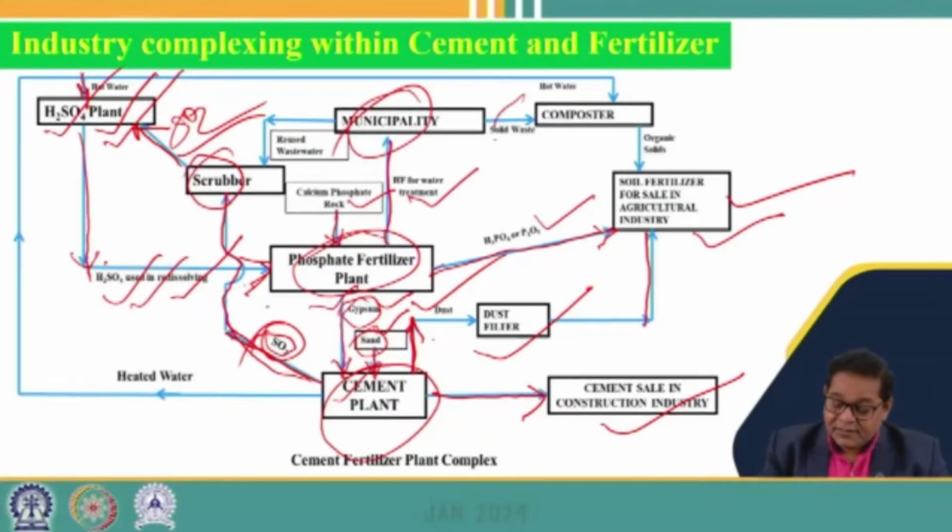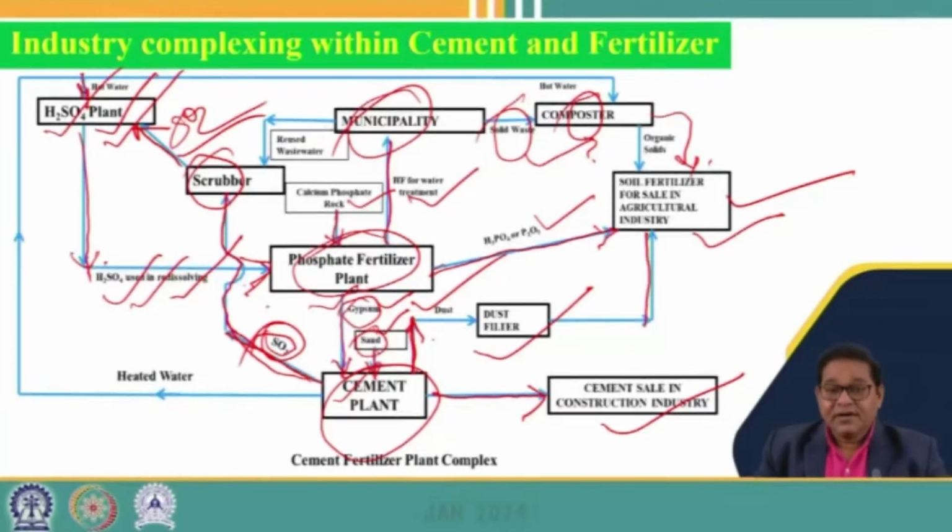Then the solid waste that is coming from the municipalities is used in the composter, and this organic waste is converted into nutrients. These organic solids or nutrients produced are then used again in industrial operations, industrial activities, as a fertilizer.